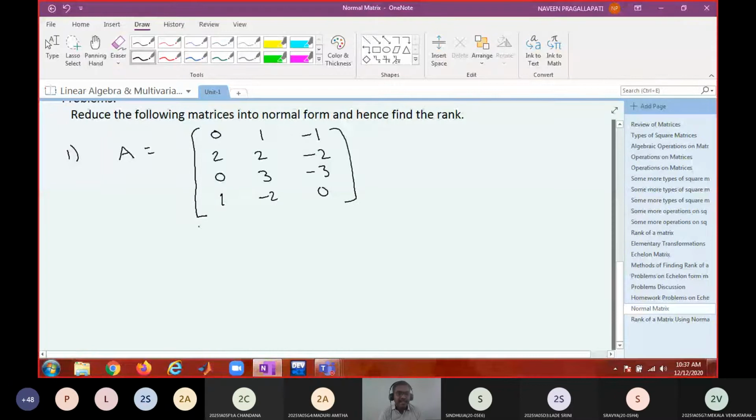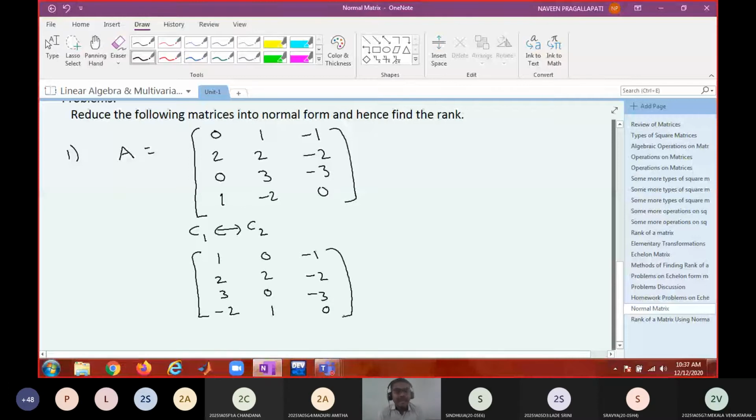Shall I interchange C1 and C2? Yes, sir. So that position will be occupied by a non-zero entry. So this equals 1, 2, 3, minus 2; 0, 2, 0, 1; minus 1, minus 2, minus 3, 0.